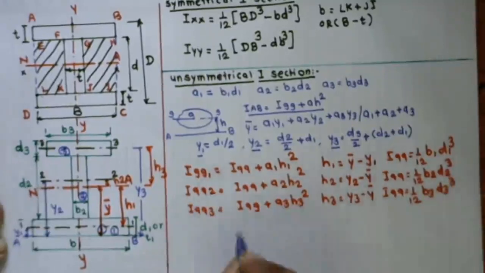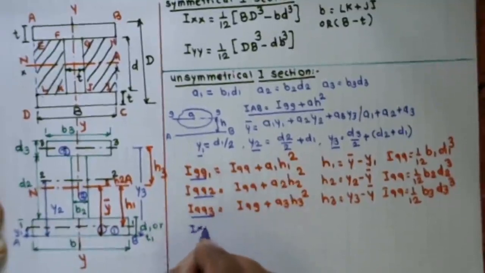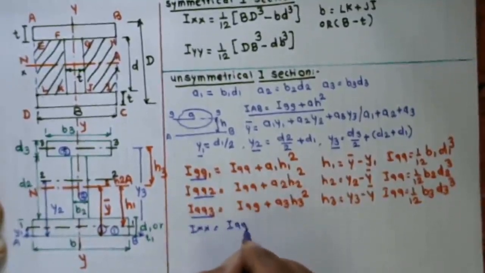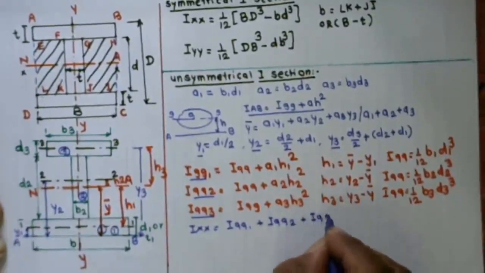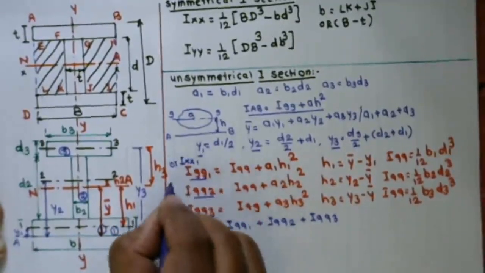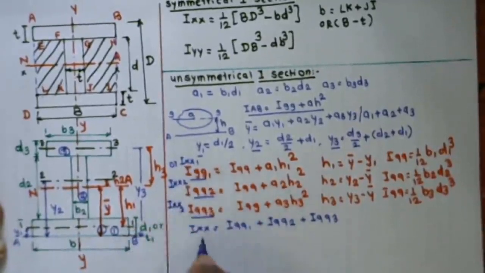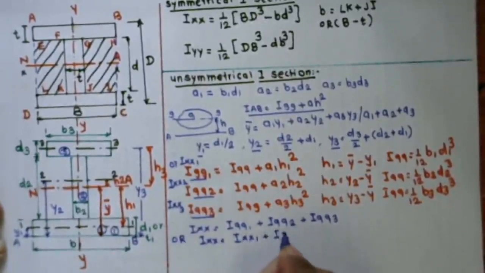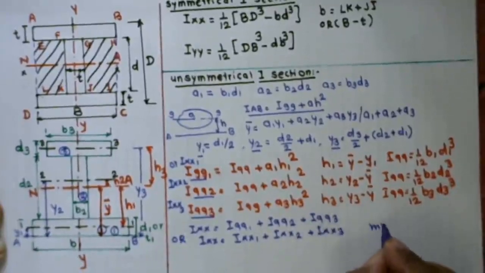Then total Ixx is equal to Ixx1 plus Ixx2 plus Ixx3, unit mm raised to 4. The notation depends on you.